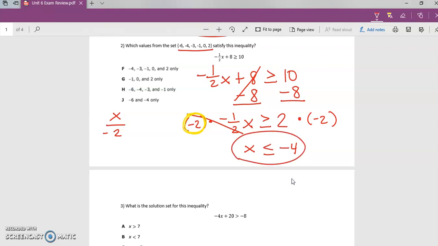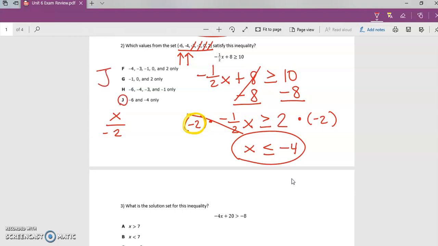And so I have to say, okay, which numbers out of here are less than or equal to negative 4? It wouldn't be negative 3, wouldn't be negative 1, 0, or 2. The only possibilities are negative 4 or negative 6. So the only answer that shows that is this one, letter J.